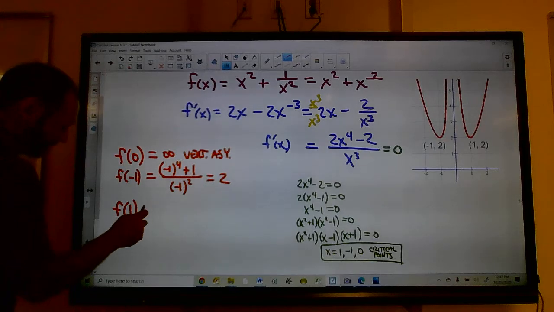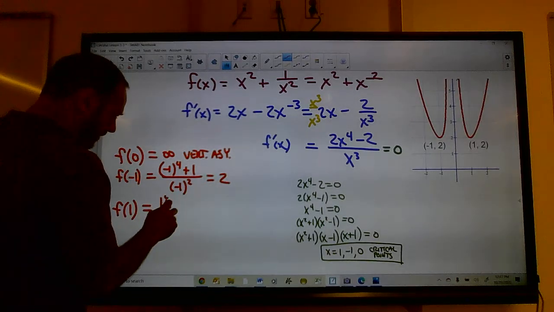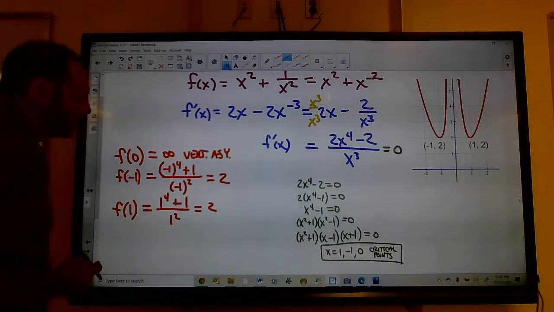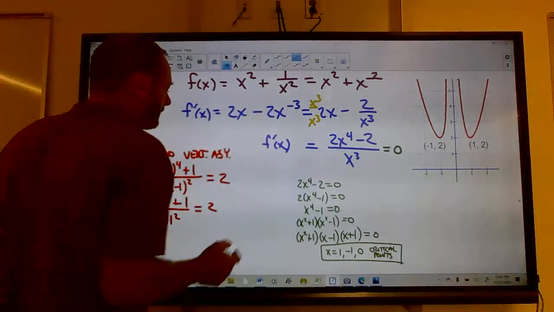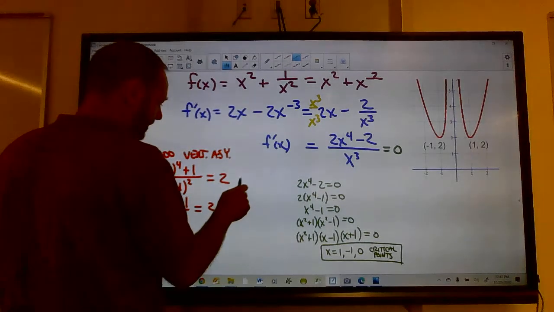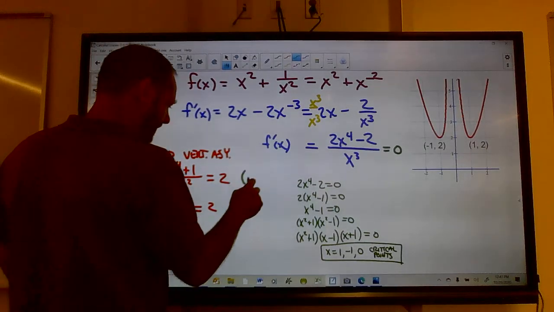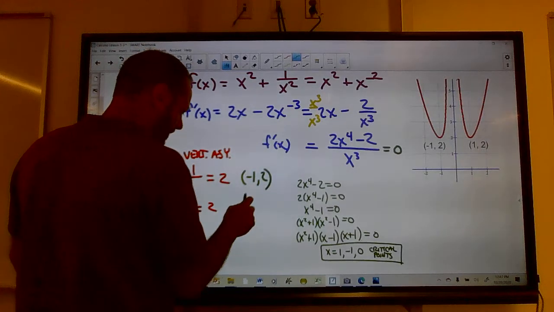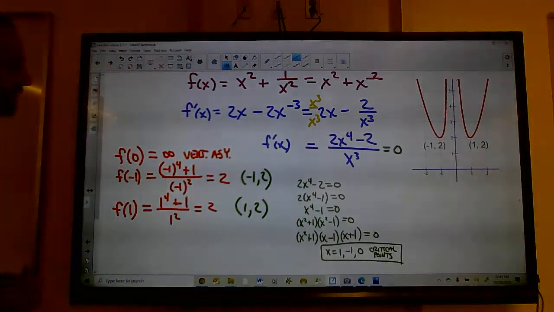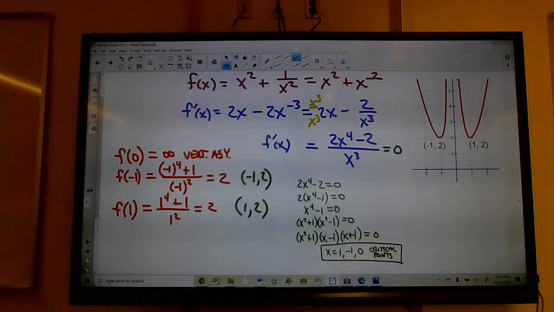And f of 1 is going to be 1 to the fourth plus 1 over 1 squared, which is also going to be 2. So I've got 2 points that I'm going to deal with here. I've got the point negative 1, 2, and I've got the point 1, 2. Those are where my extrema occur.